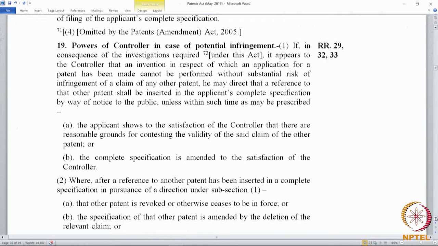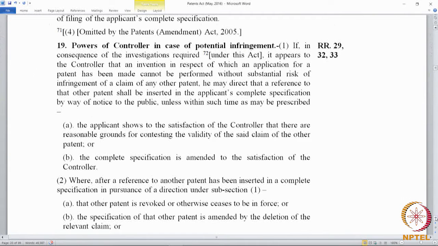The normal infringement that happens after a patent is granted is with regard to the rights of a patentee under section 48. The patentee has certain rights, whether it is a process or a product, which are mentioned in section 48. If somebody violates those rights, and the rights are that others should not manufacture, use, offer for sale, sell or import the invention.